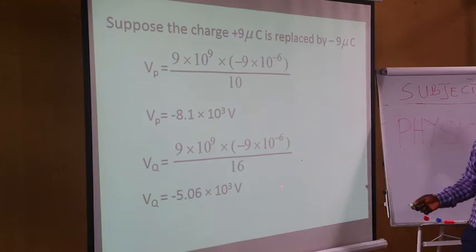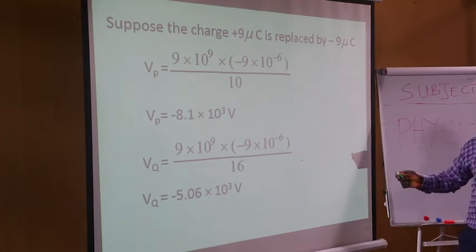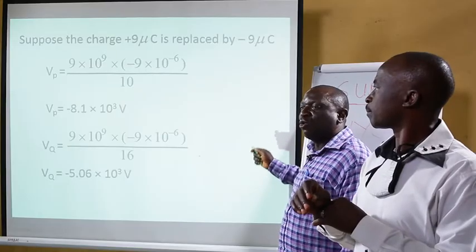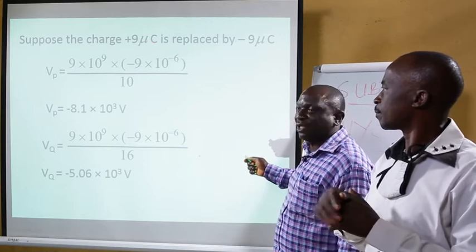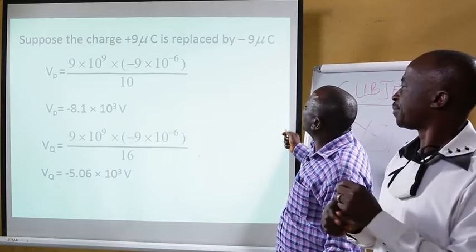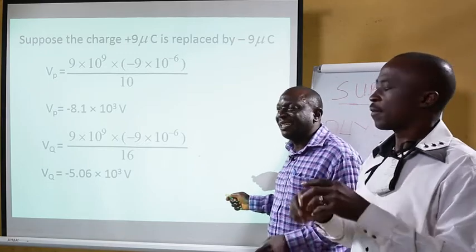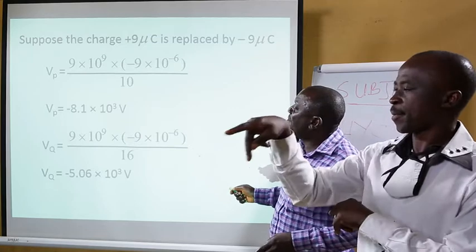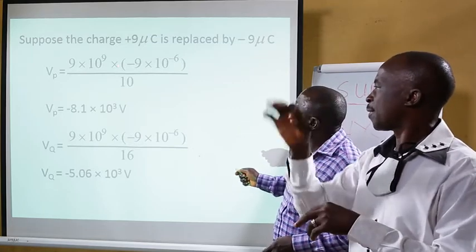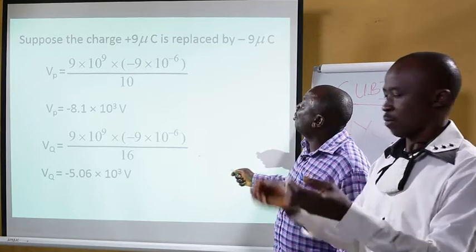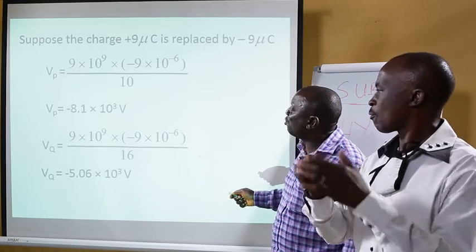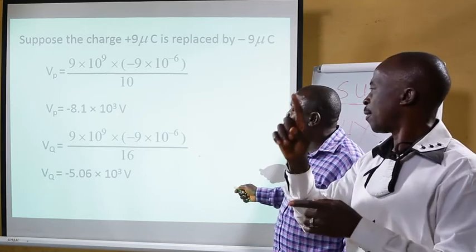Now suppose we replace plus 9 microcoulomb with minus 9 microcoulomb. We will now have our potential at point P, V_P, equal to 9 times 10 to the power 9 times, this time around, the negative sign will come in, all over 10, and we will have V_P equal to minus 8.1 times 10 to the power 3 volts.